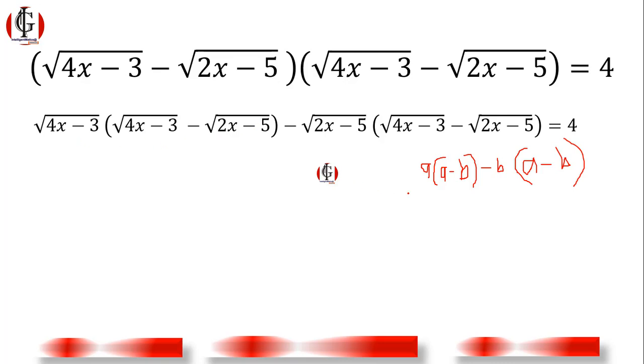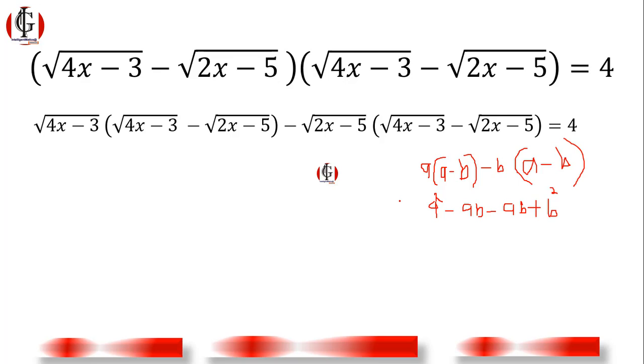I'm going to have a times a, which is a squared, and a times b, which is minus ab, and minus b times a is going to give me minus ab as well, and minus b times minus b will give me plus b squared.